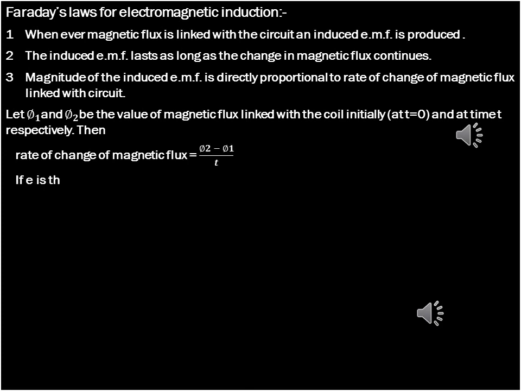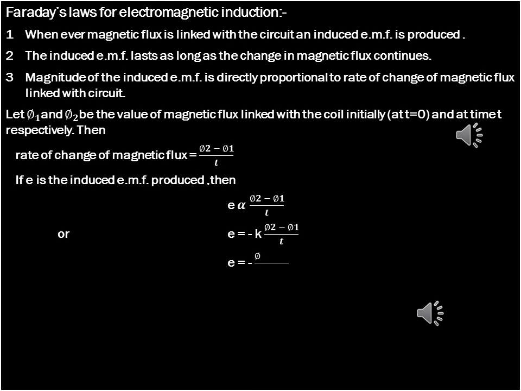If E is the induced EMF produced, then in the SI system, induced EMF E is measured in volt, where phi is the magnetic flux, whose unit is Weber, and time t is in seconds. So E is equal to d phi upon dt.